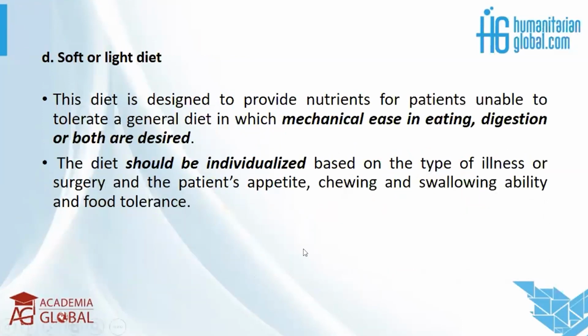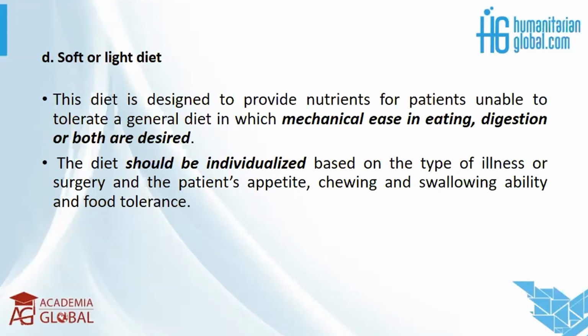The final way that we have consistency modified is the soft or light diet. In many hospitals and for many recovering patients who can fully eat, this is the kind of diet that we give.